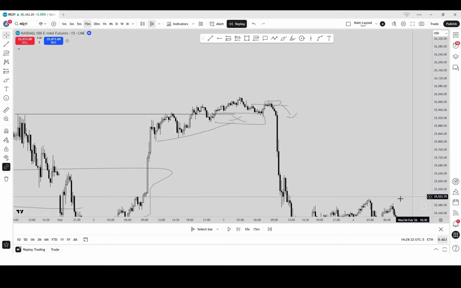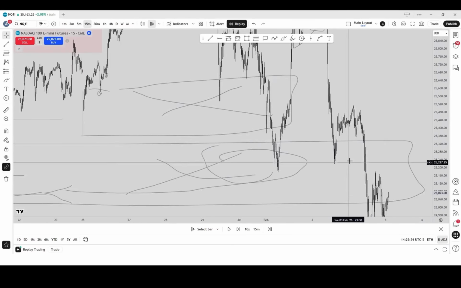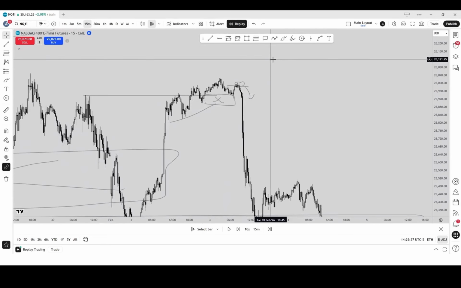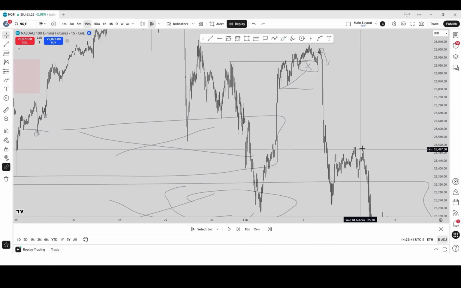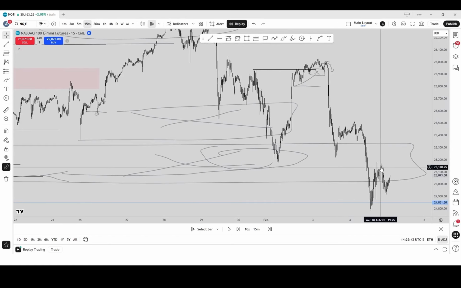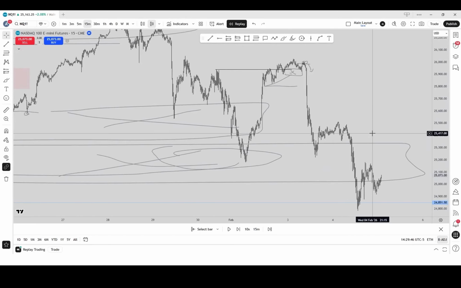Now, am I going to expect price to sell off all the way back to this low right away? No, right? I would target here, take some partials there, and leave a small runner to the lows. That's about it.